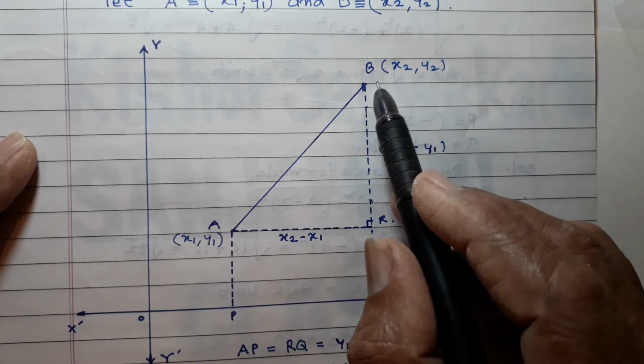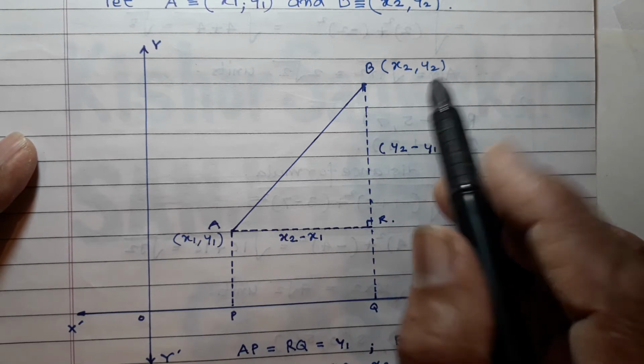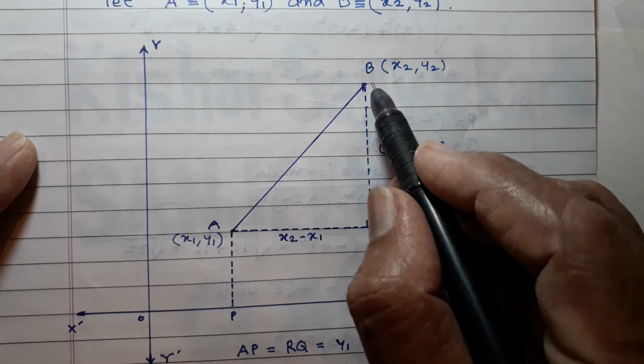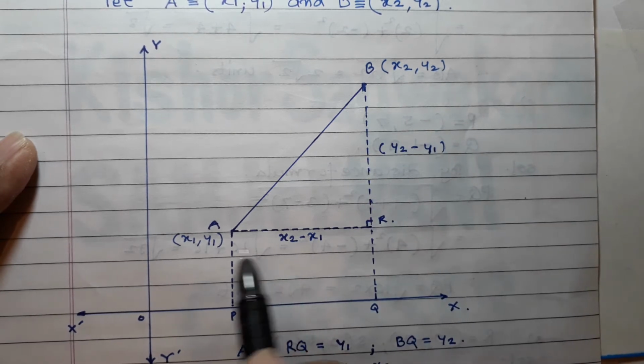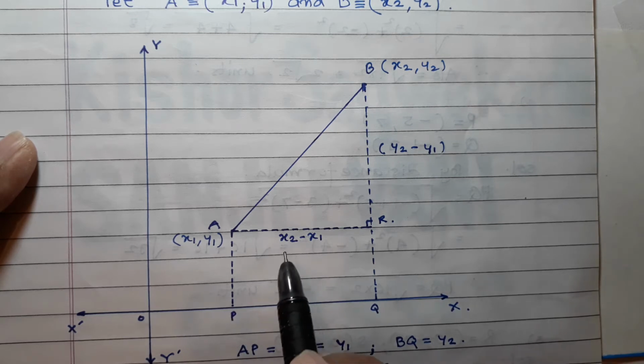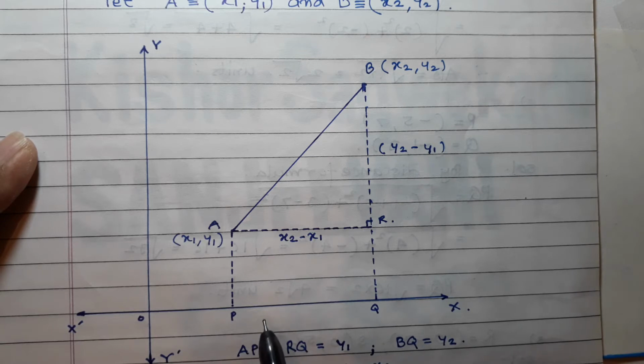Now this is a point B, x2, y2, and therefore this distance is equal to x2 and this distance is equal to y2. Now this is x1 and this OQ is x2, and therefore you can find PQ. So PQ is equal to x2 minus x1.